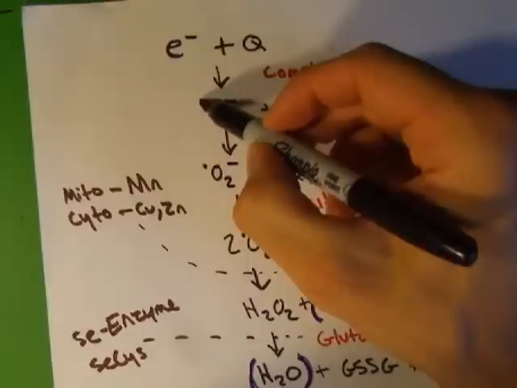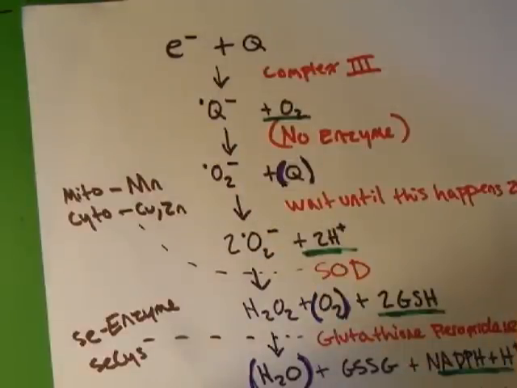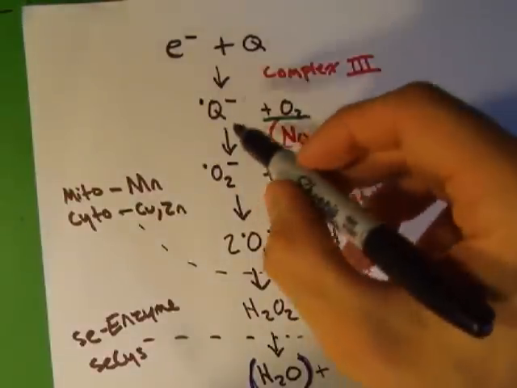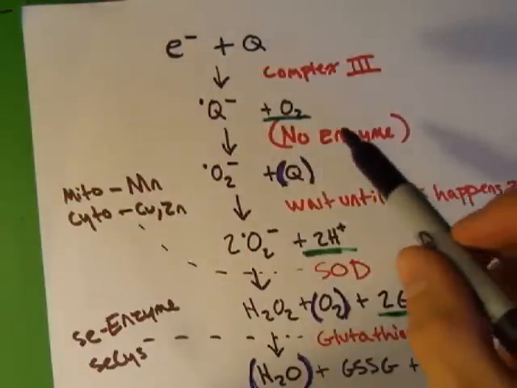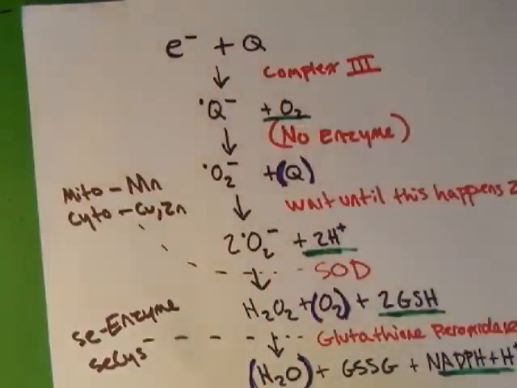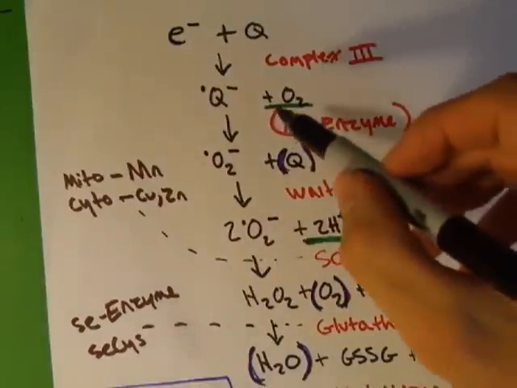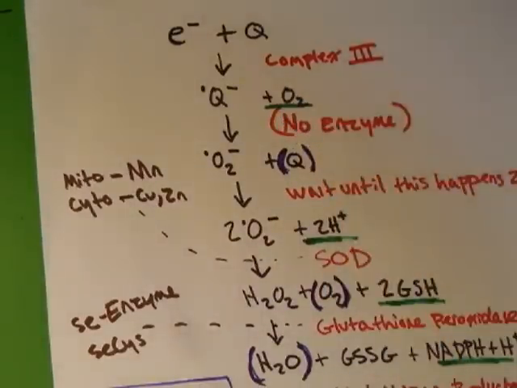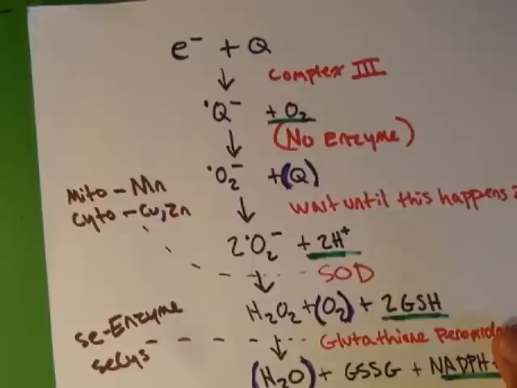That free electron that binds right here is called a free radical. Free radicals like to bind to oxygen and cause problems in your body, so your body has enzymes in order to clean up these free radicals.